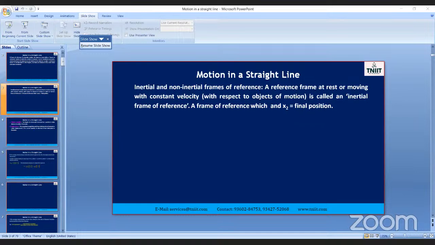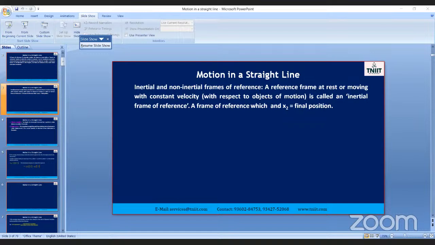Now, can you tell me what is the distance covered in 1 second? For 10 seconds, the distance is 20 meter. For 1 second, it has to cover 2 meter distance.